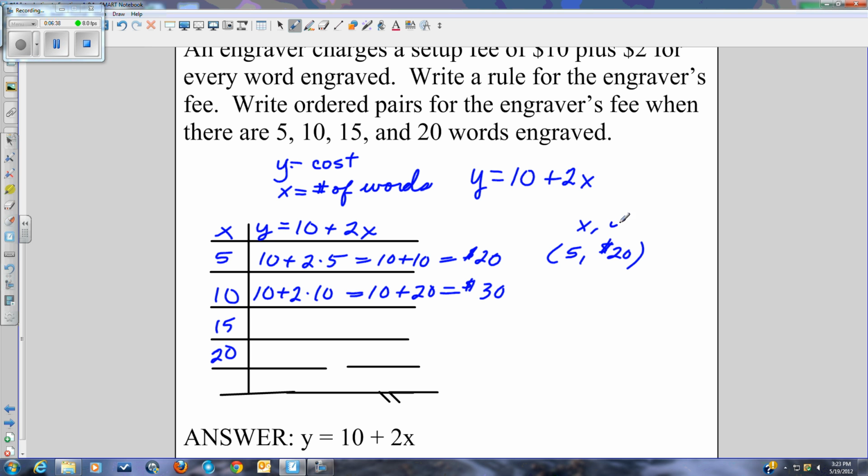Remember, that's how we write an ordered pair. And 10, 30. Next, we have 10 plus 2 times 15 words. So we have 10 plus 30, which gives us 40. So we have 15, 40.